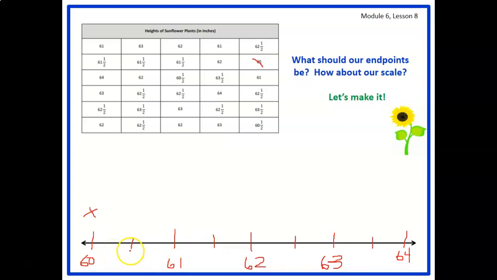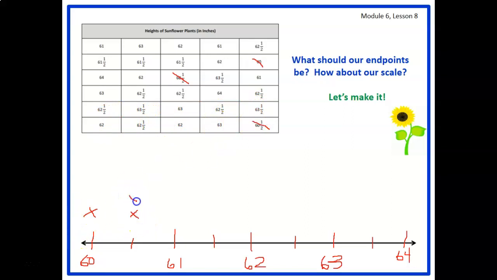And let's see, 60.5. Let's look for 60.5. Oh, there's one, 60.5. Oh, there's two 60.5.